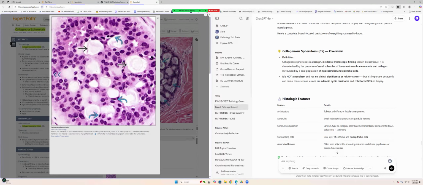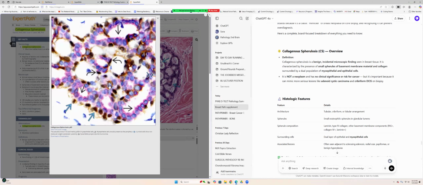They're surrounded by myoepithelial cells with smaller nuclei and scant cytoplasm compared to luminal cells. The pseudolumina in collagenous spherulosis are lined by P63-positive myoepithelial cells. Myoepithelial cells are also present in the periphery. Luminal cells show low molecular weight cytokeratin positivity.